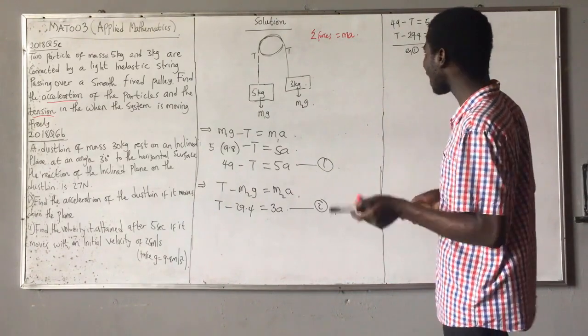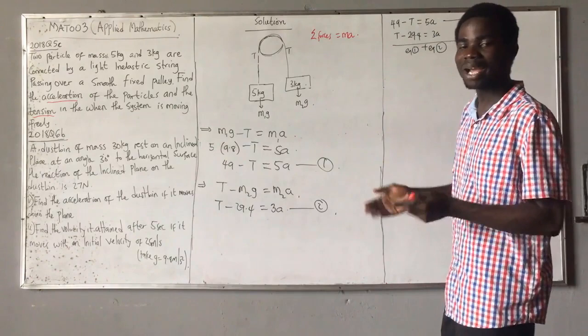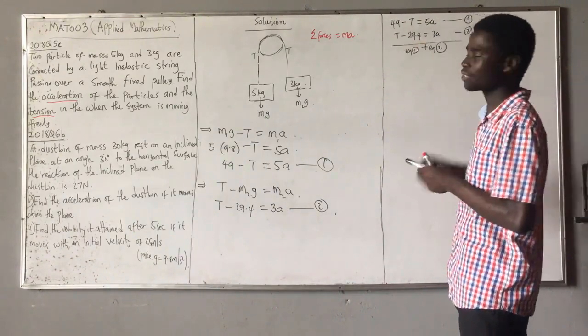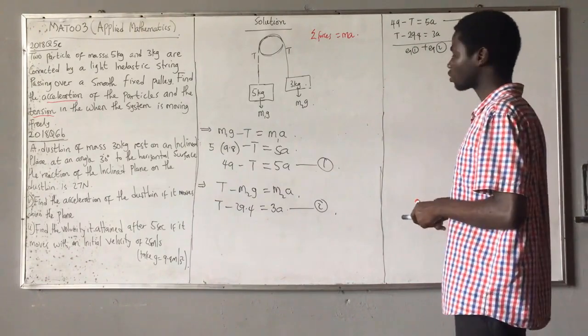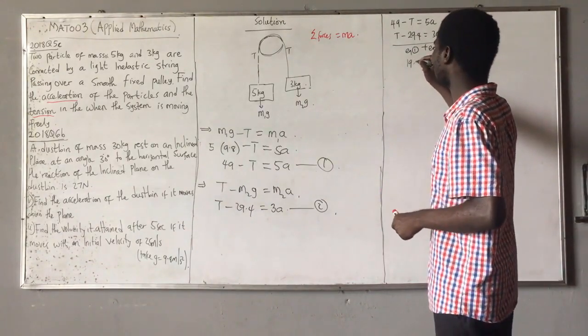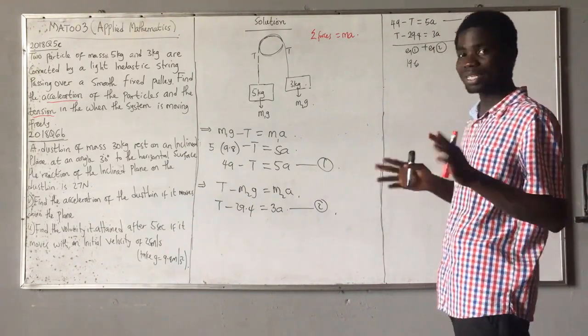Minus T plus T is 0, so I'll be left with 49 minus 29.4, which gives me 19.6.